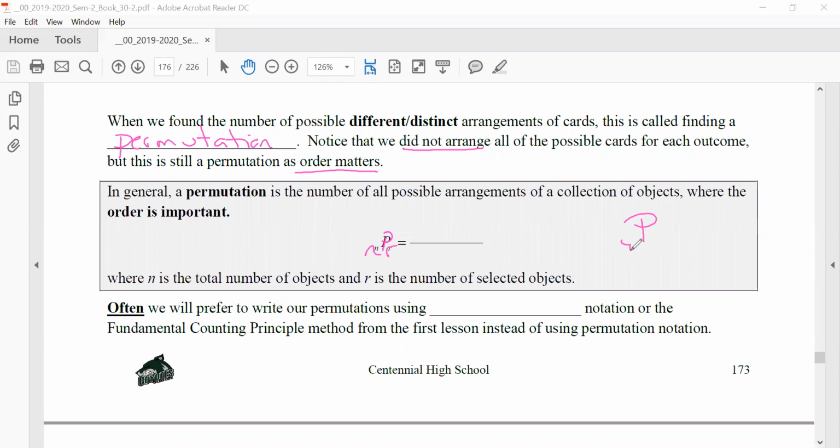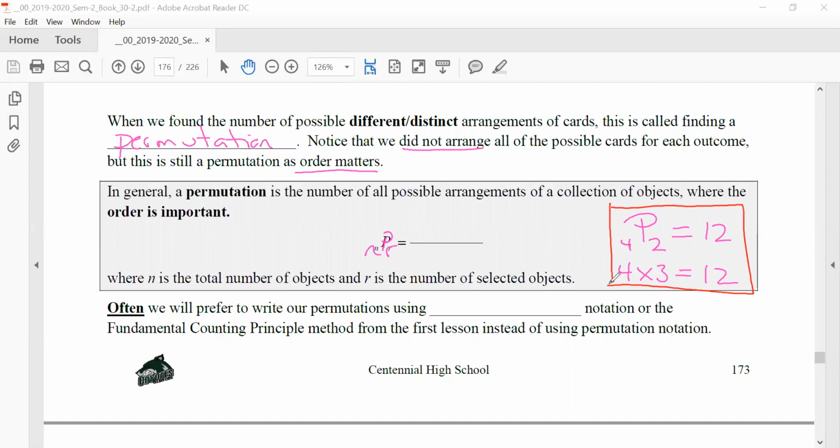There's 4 cards, and I'm using 2 of them. And if you take a second to put that in your calculator, guess what? It says 12. So that's a little shorthand way of doing the question. I'd like you to notice that that's the same as going 4 times 3, 12.